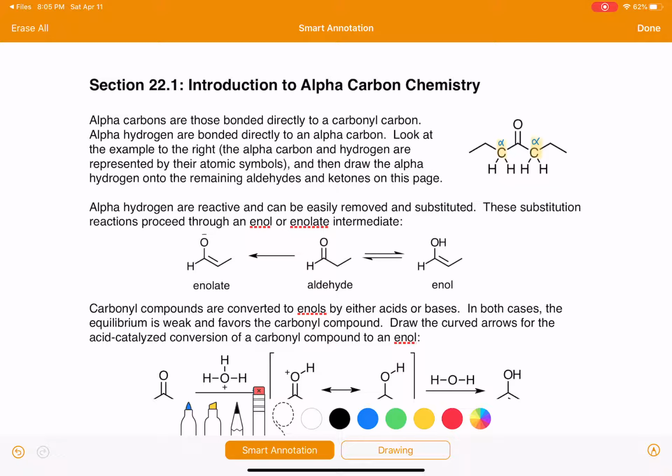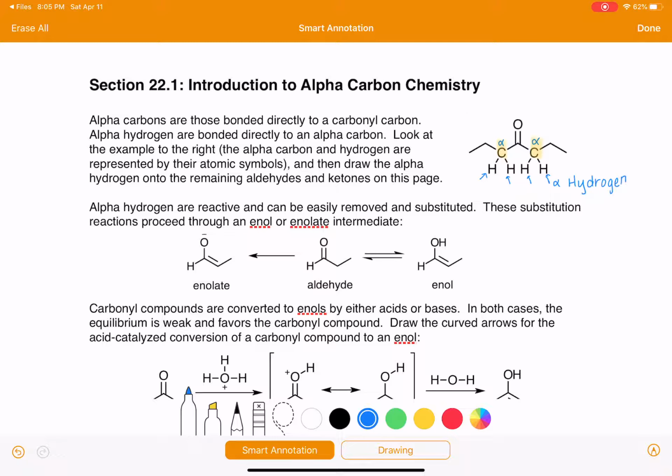So the first thing that we have to talk about, which we just did, is what's an alpha carbon, and then also the hydrogens that are bonded to alpha carbons. Those are called alpha hydrogens because they are on the alpha carbon.